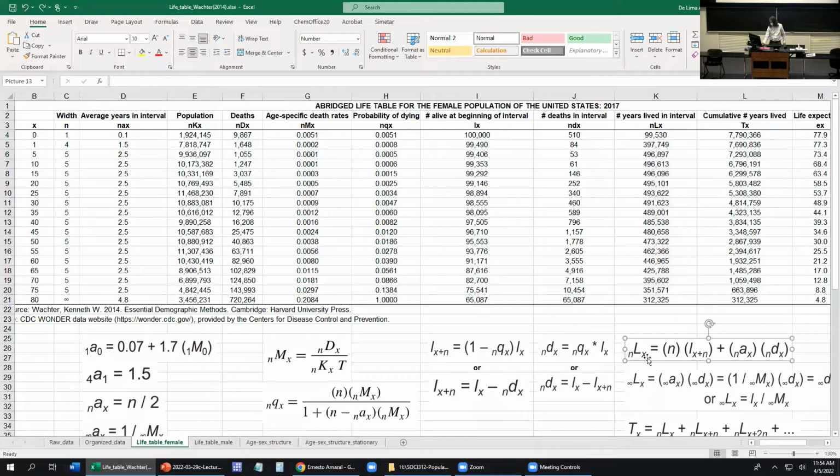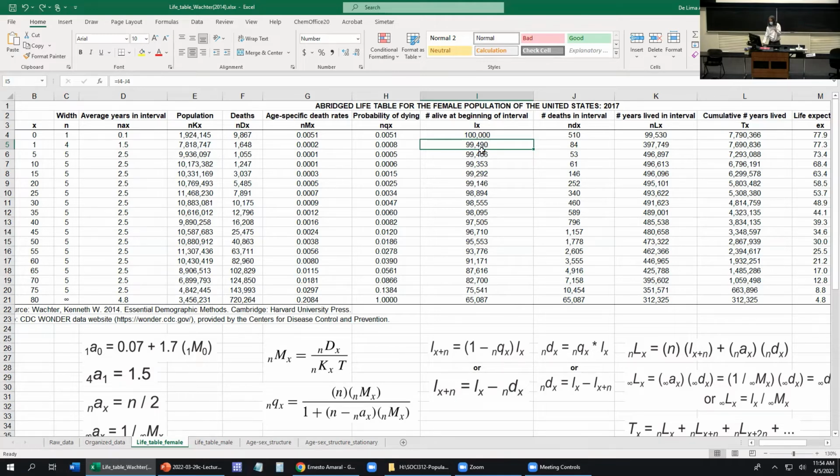We have to say the people who survive to the next age group here, these 99,490, they all lived together 99,490 years in the first age group, right?